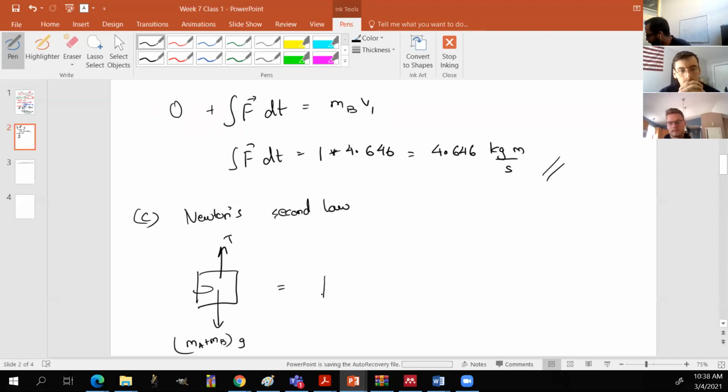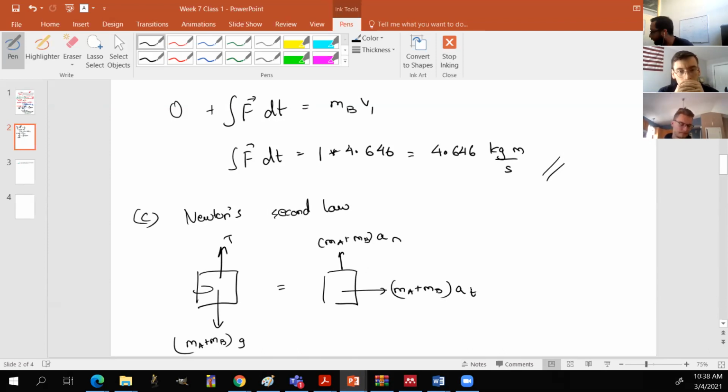So this is equal to my kinetic diagram, which is MA plus MB in the normal direction, and MA plus MB in the tangential direction. But I don't need to worry about the tangential direction. This is just going to equal 0 because there's no forces in the tangential direction.